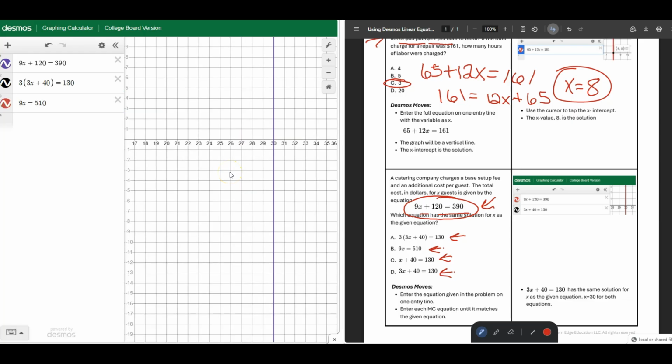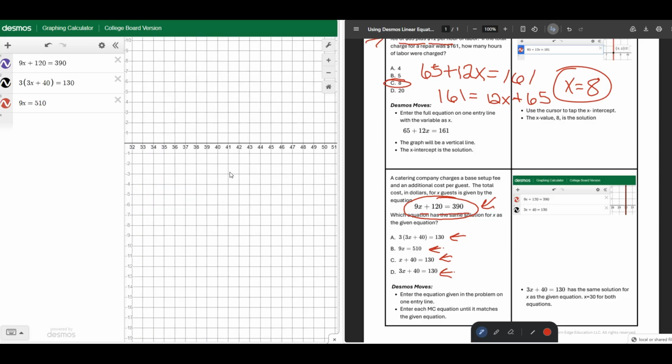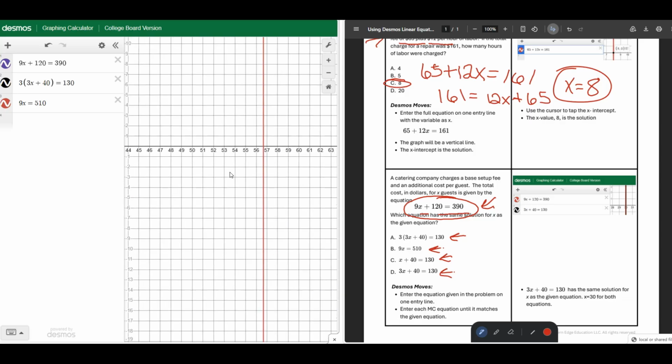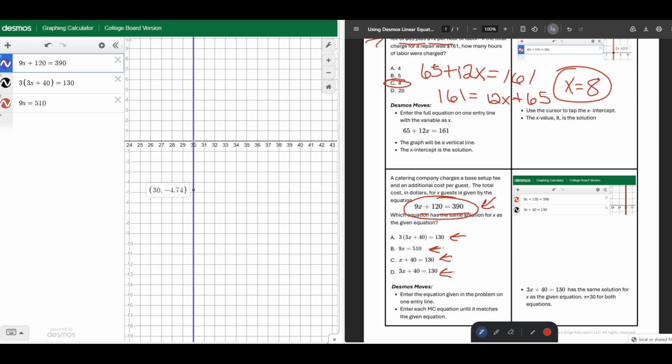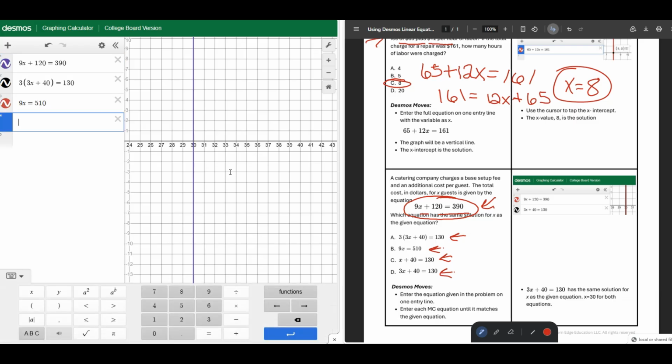Option B does not work either, and that x-intercept is all the way over here at 56.66667. Now we'll try option C to see if it works.